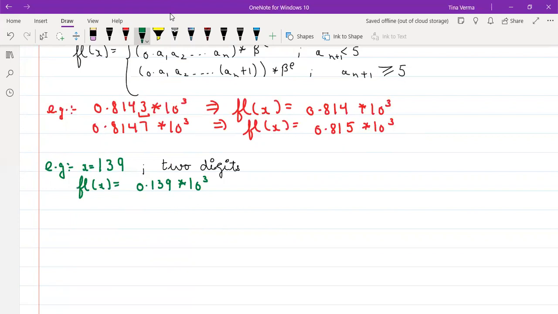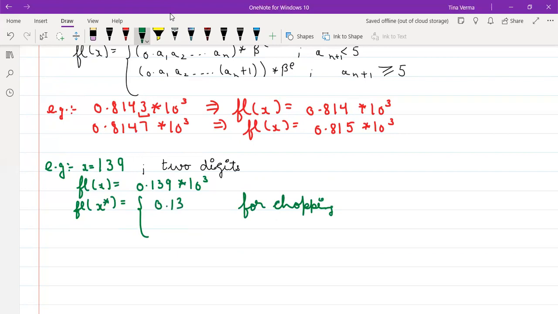Now can you round off or chop? So when you will approximate this number for chopping up to only 2 digits, what will be the answer? I want only 2 digits and all other digits will be neglected. Either it will be greater than 4 or greater than 5 or not.